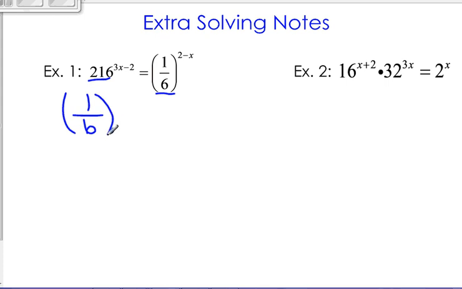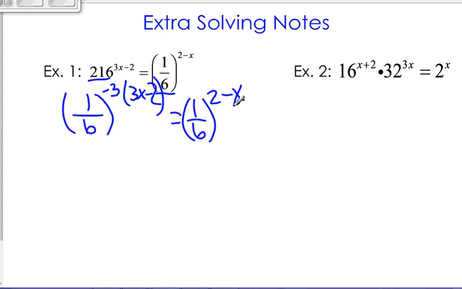Again, I know that 216 is 6 to the third power, so it's going to be negative 3 times my 3x minus 2 there on the powers. And the 1/6 over on the right side is going to stay the same. I'm going to multiply my negative 3 back in there, as well as drop my bases, because again, this is one-to-one.